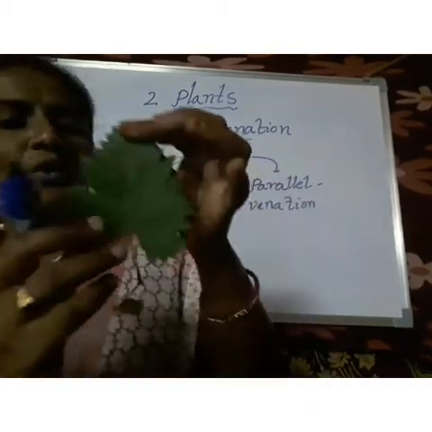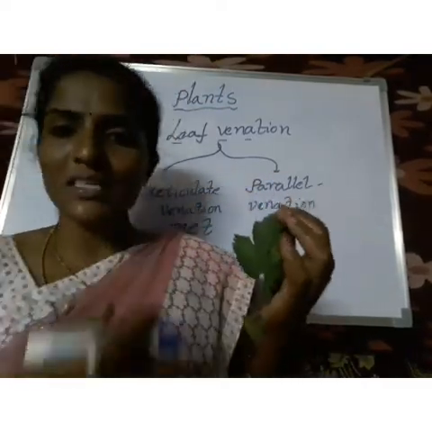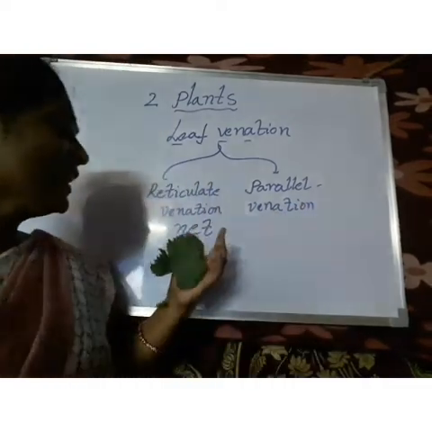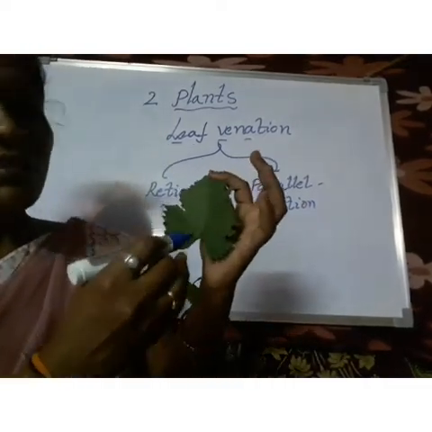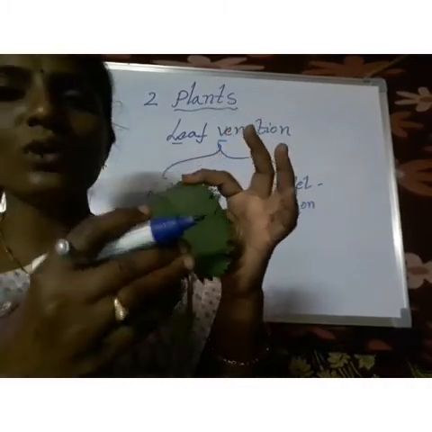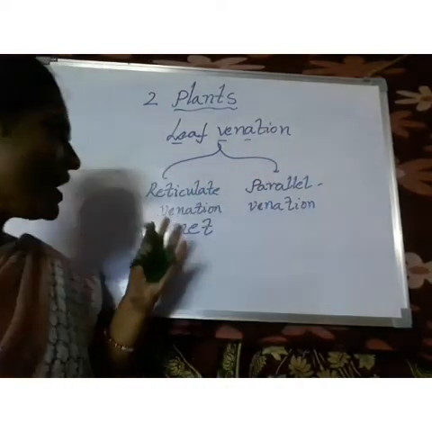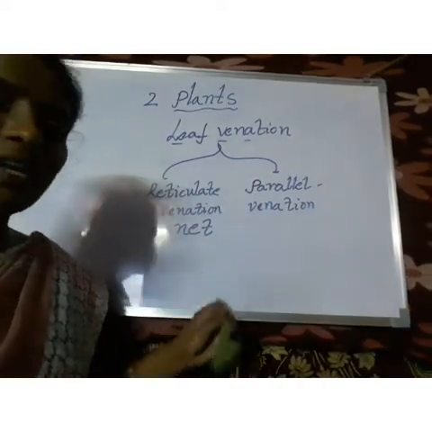If you closely observe, you can see. Otherwise, you can take a real leaf and observe the venation. From the main vein, some side veins come, and these veins look like a net. This type of venation we call reticulate venation.